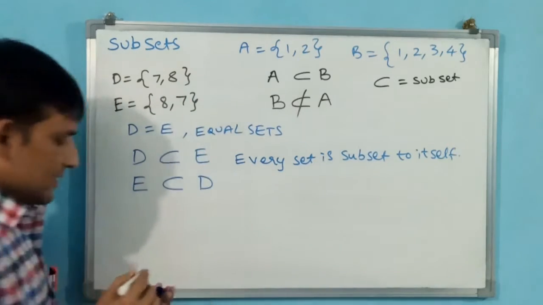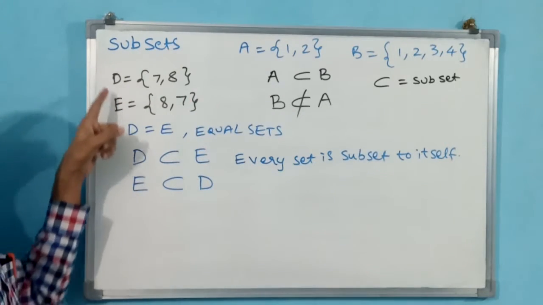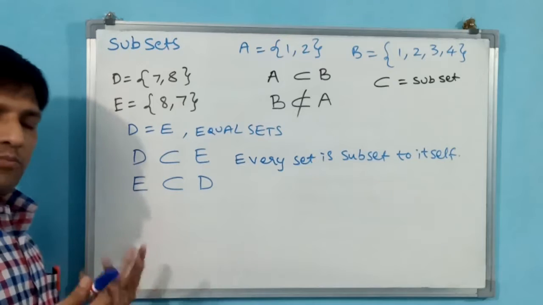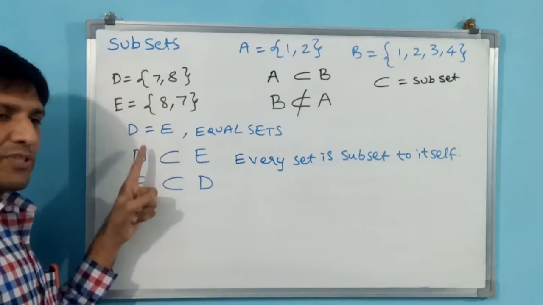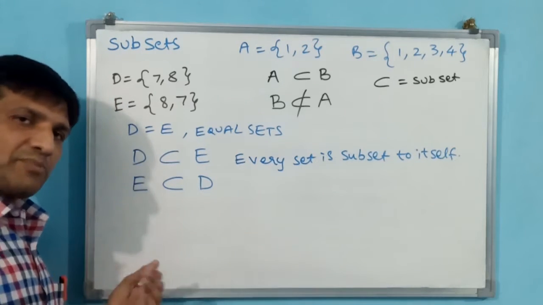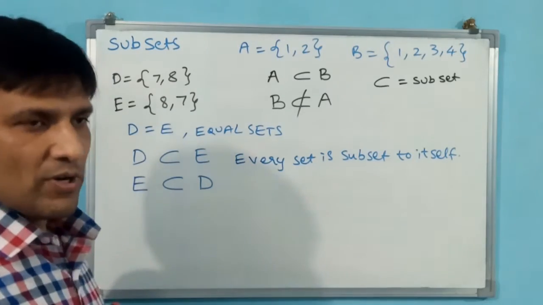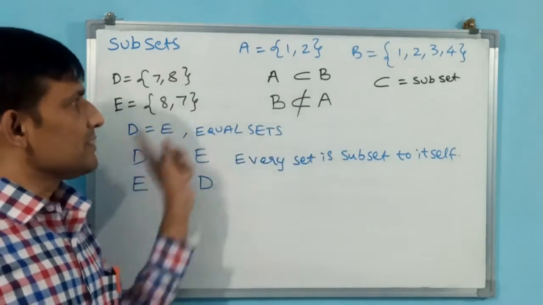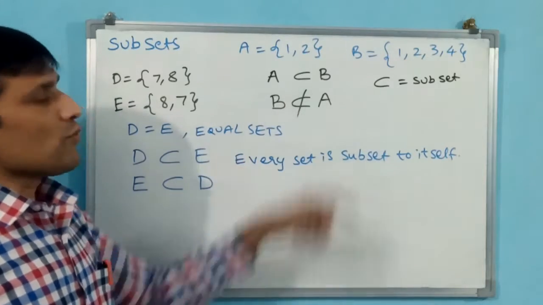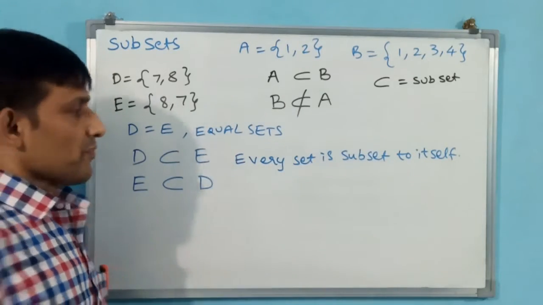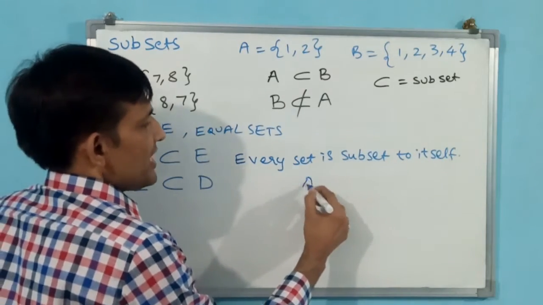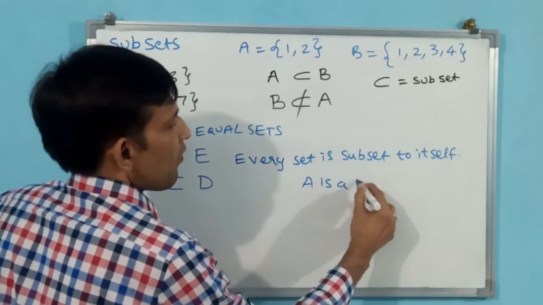This we have to write: every set is a subset of itself. Why? Because here set D and set E are equal, and when D is a subset of E, it means D is a subset of itself. That is all; this concept we have to know. Now if you compare this with the earlier one, A is what I call a proper subset.